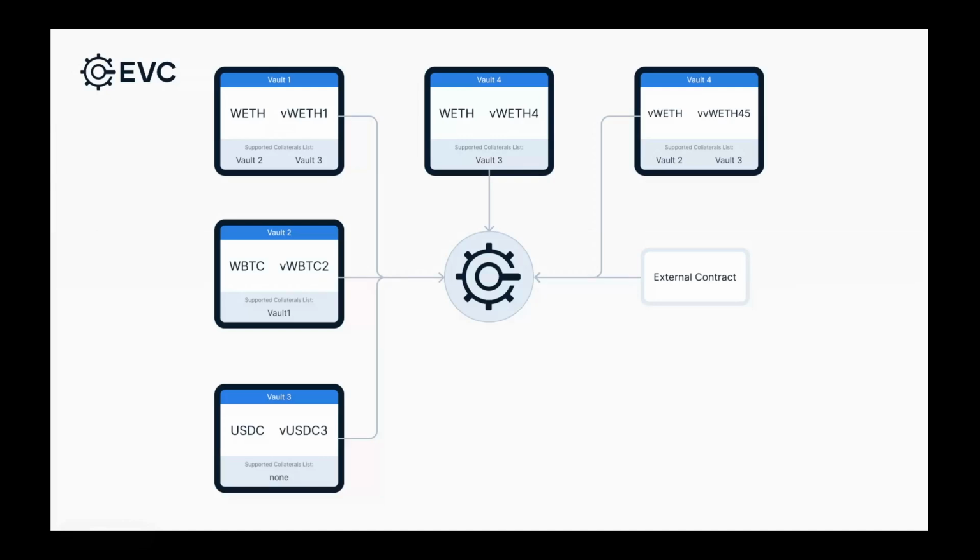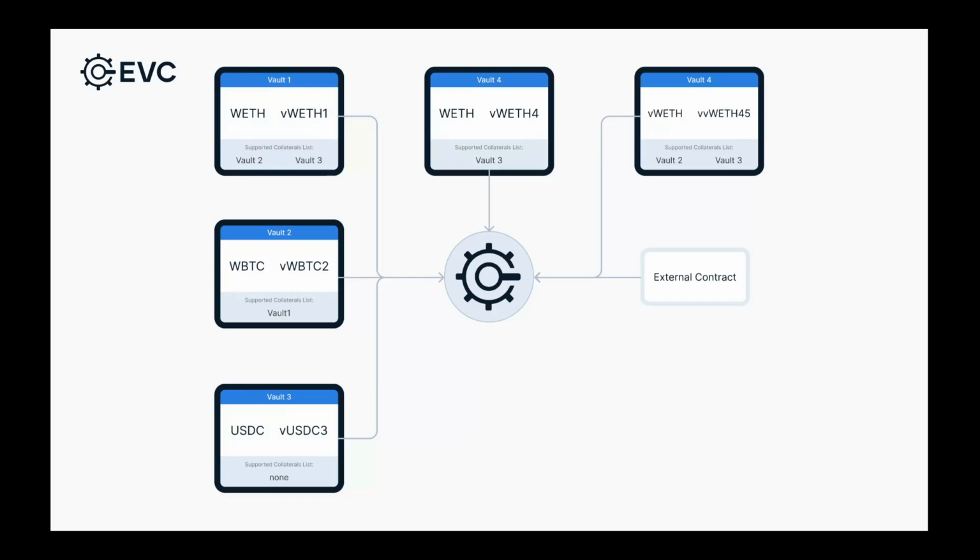Each of those vaults can have different underlying assets, can accept any number of other vaults as collateral, can have different borrowing terms, and can be governed by different rules. To allow borrowing, each vault chooses a set of vaults that it accepts as collateral. And if a vault does not accept any collaterals, then no borrowing is allowed.